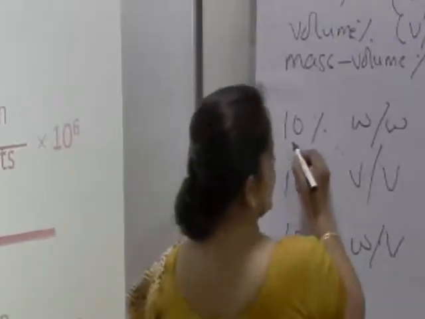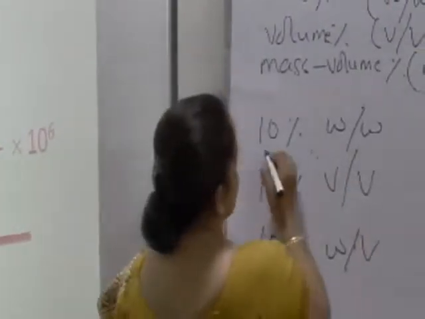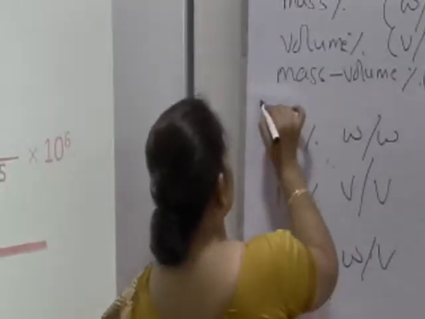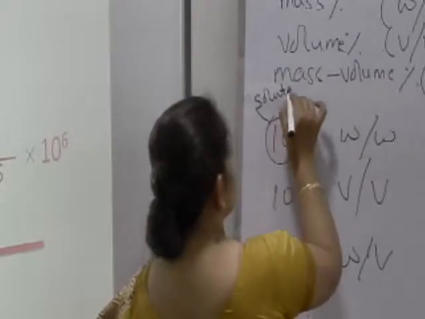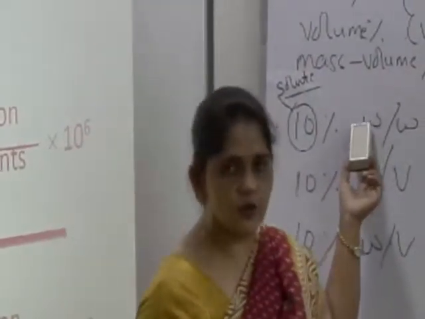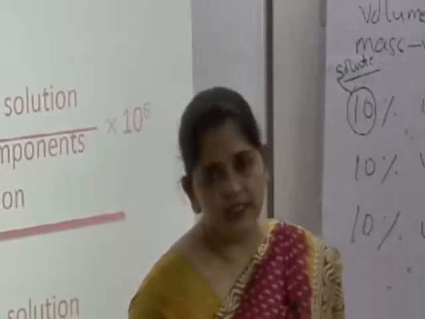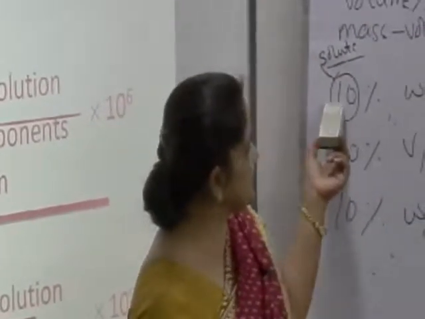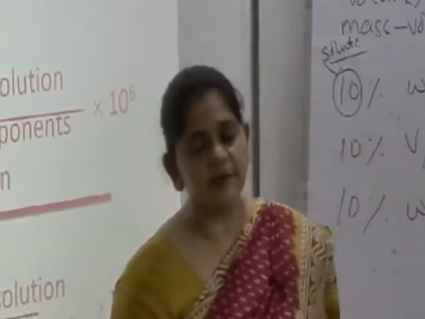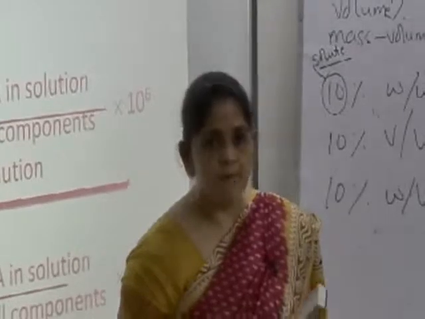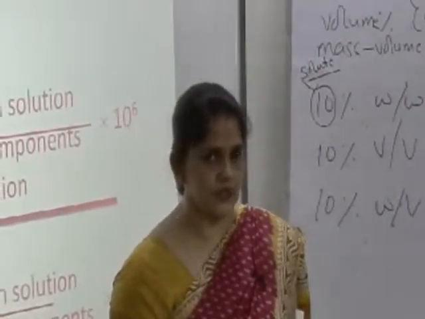See, when I say 10% mass by mass, that means I have already told you that this represents the solute's concentration. Now from here you come to know whether it is going to be gram, milliliters or what, the unit basically. So if I say 10% by mass, that means they have given it in terms of the mass of the solute per 100 gram of the solution.